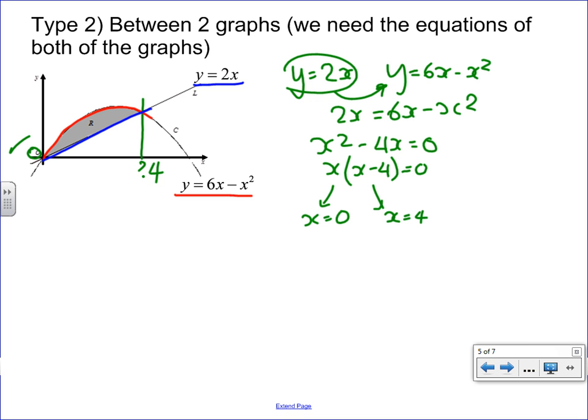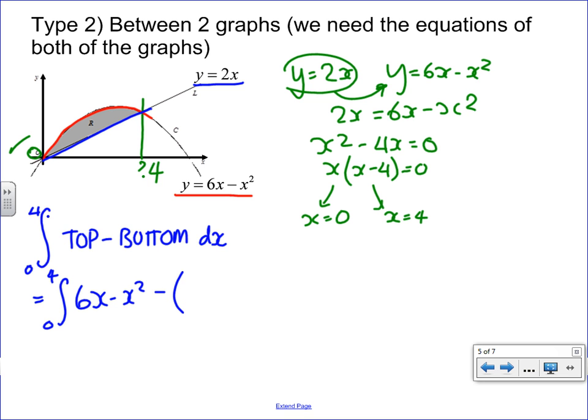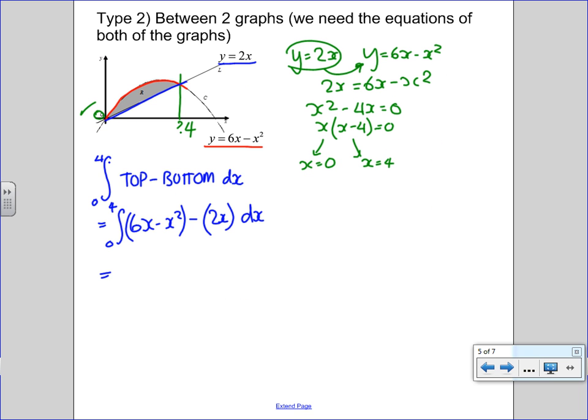So we're going to do the integral between 0 and 4 of the top minus the bottom dx, which is the integral of 6x minus x squared minus, probably worth sticking it all in brackets, 2x dx, which is integral between 0 and 4 of 6x minus x squared minus 2x dx.